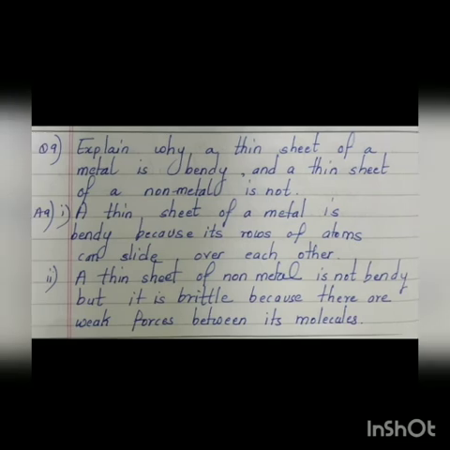Question 9. Explain why a thin sheet of metal is bendy and a thin sheet of non-metal is not. So a thin sheet of metal is bendy, that means we can fold it, but a non-metal cannot be folded. So the answer is, a thin sheet of metal is bendy because its rows of atoms can slide over each other.